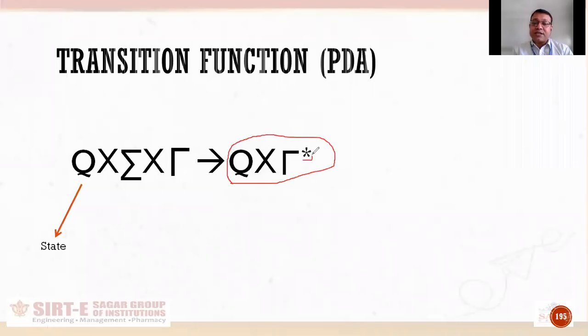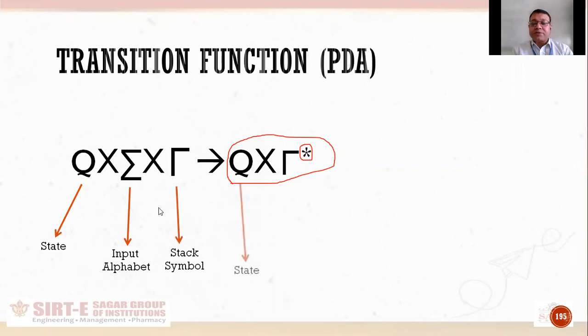Now this asterisk is the Kleene closure, which you have studied in regular expressions. It means any possible combination of stack symbols, that is tau, including epsilon. So here epsilon can also come. I have marked here what all these symbols are: Q stands for states, sigma stands for input alphabet, tau stands for stack symbol, or specifically the stack top.